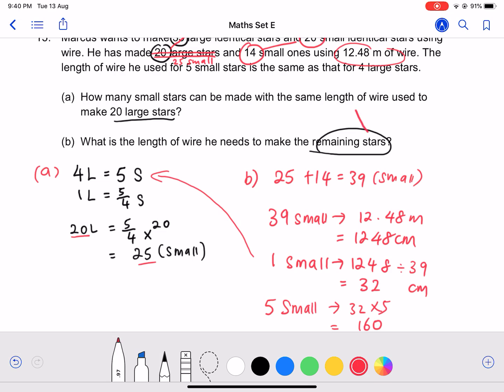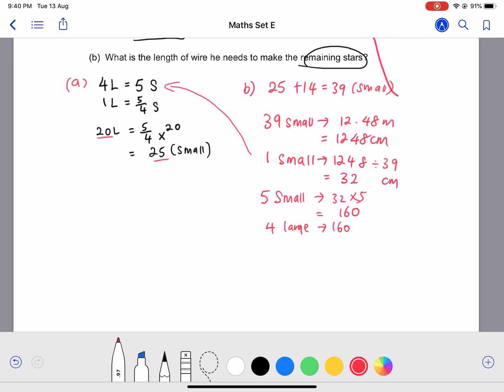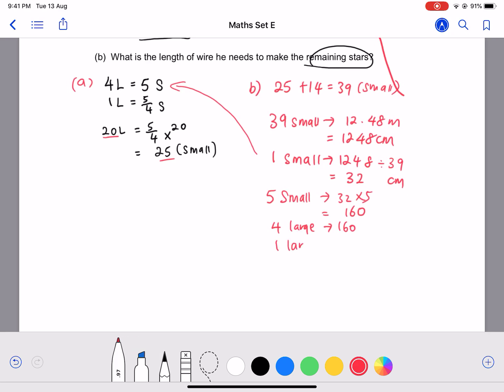So this 160 helps you to make 5 small, and it's the same as 4 large, right? So am I right to say the 4 large is also 160? And to find out how much is 1 large, all I need to do is take 160 divided by 4. I will be able to get 40 centimeter. So now I have 2 figures out. 32 is for small, 40 cm is for the large one.